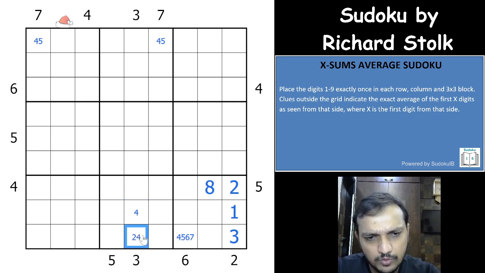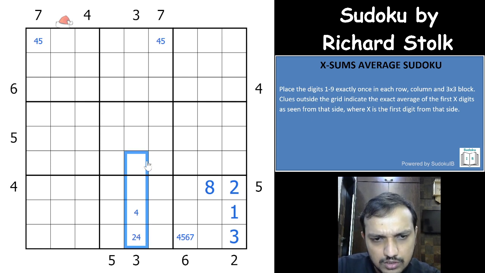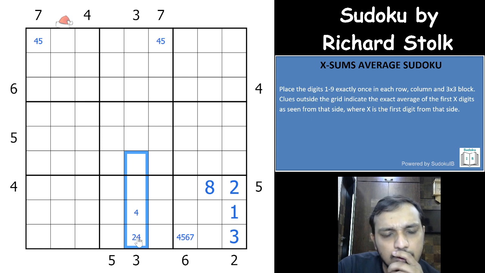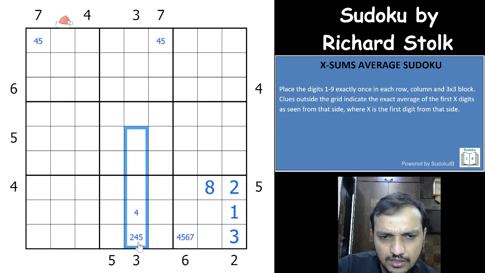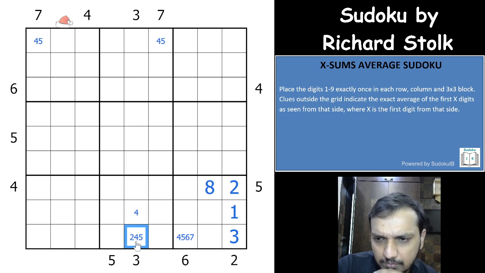If you have a 4, this would have to be 12, which is possible. If you have a 5, this would have to be 15. This is also possible. Okay, the moment I write a 5 here, it becomes 15. You cannot have anything more than 5.